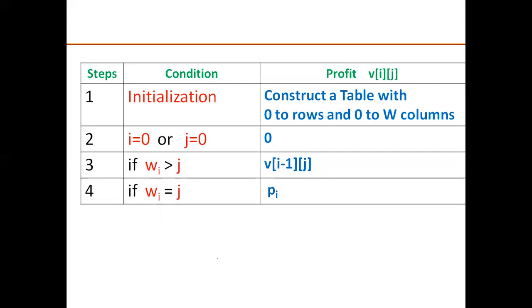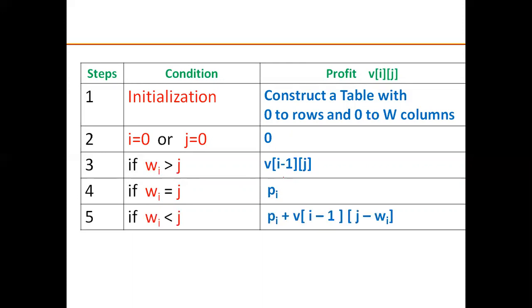Next, if weight of the object is the same as capacity, yes, here I can add that object into the bag and I will earn the profit Pi. Next, if weight is less than capacity, then also I can add the object and I can earn profit. By adding object Wi, I'll be earning Pi.